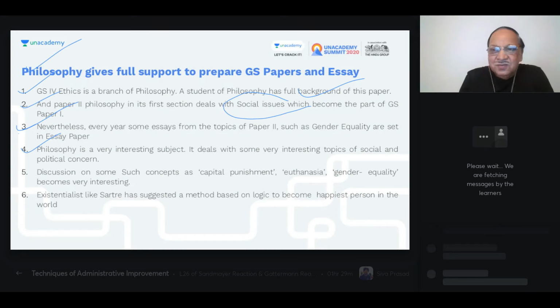For example, the gender equality problem, which you study in your philosophy paper 2. You prepare any topic logically, based on logical arguments, and when you write it in the essay, any examiner will give you maximum marks because the examiner loves logic, when you present things in a logical way. So this also helps you a lot in preparing for the essay.